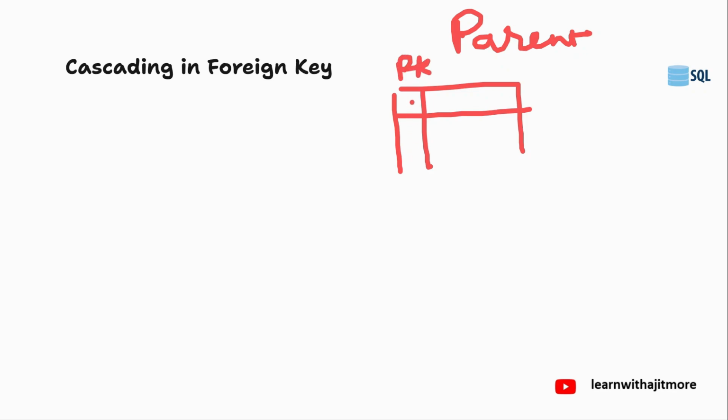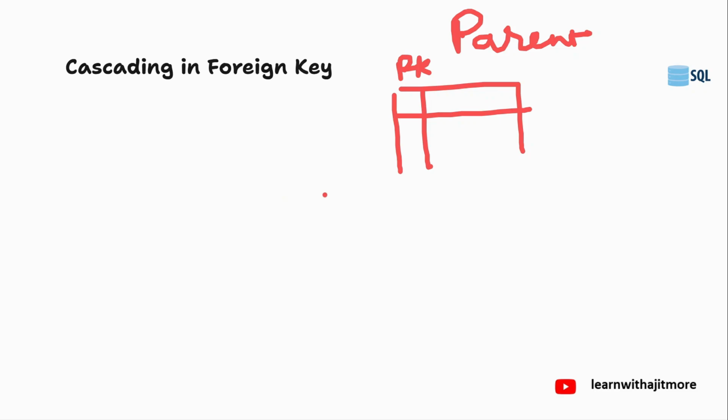So you're changing that primary key, or deleting that record from the parent table. Then what automatic action should happen on the child records which are referring to that parent? That is given by cascading rules.